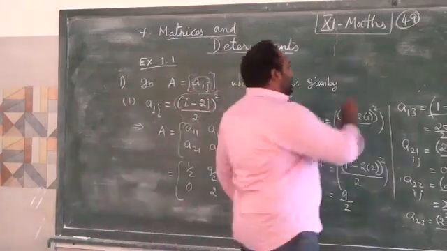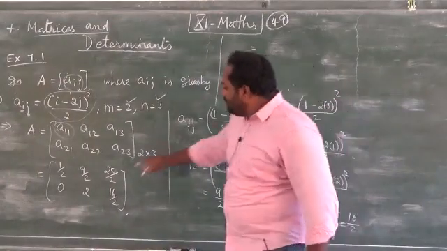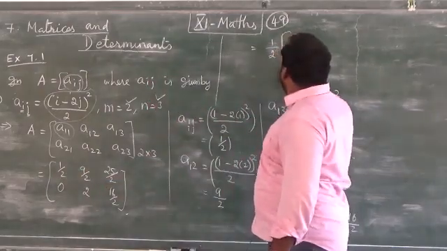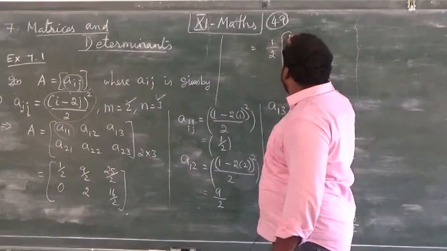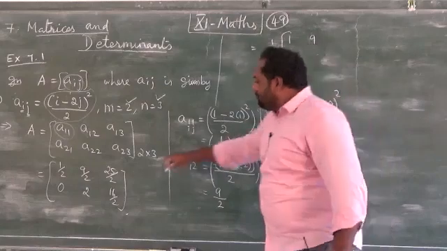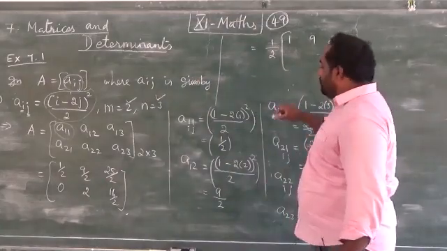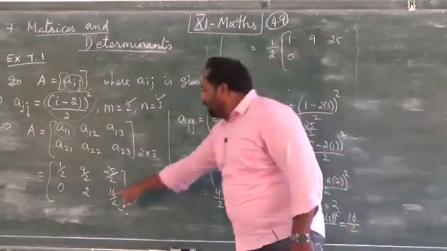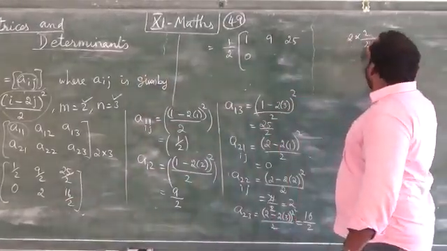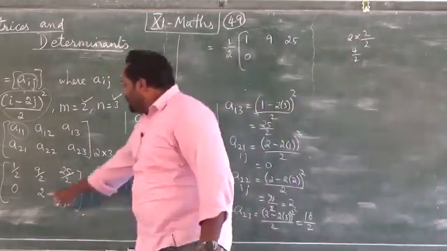Here we can take 1 by 2 common outside from all the entries. From the first row, 1 by 2 comes out, remaining 1; from 9 by 2, remaining 9; from 25 by 2, remaining 25. 0 stays 0.